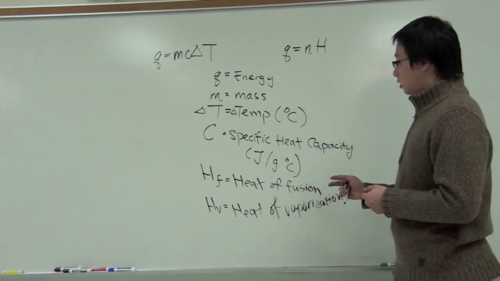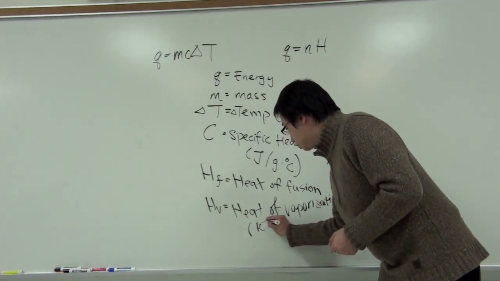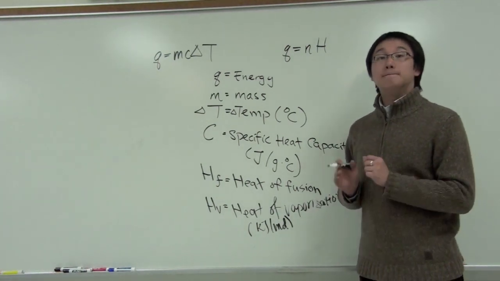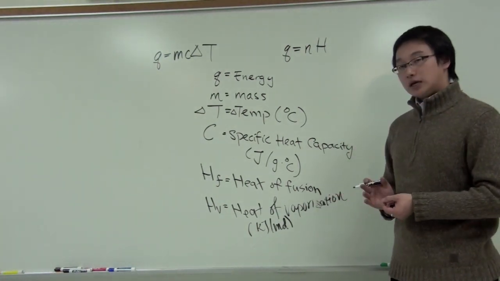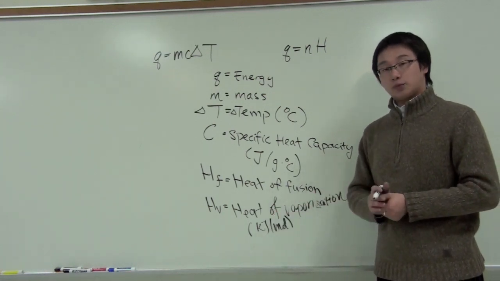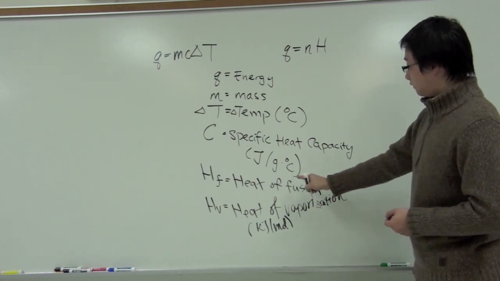And in this case, the unit would be kilojoules per mole. So in other words, it is actually the molar heat of vaporization because it is in terms of kilojoules per mole.